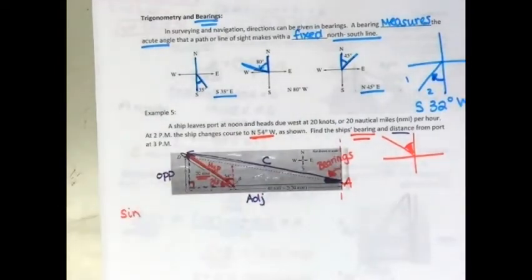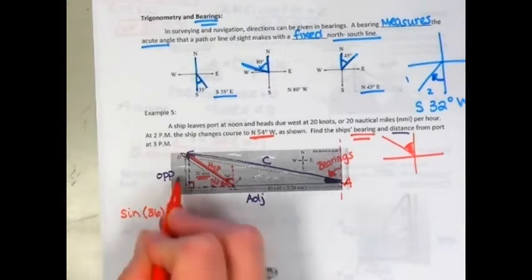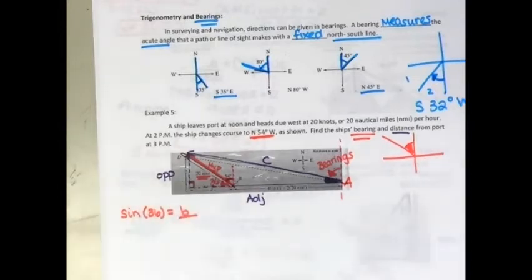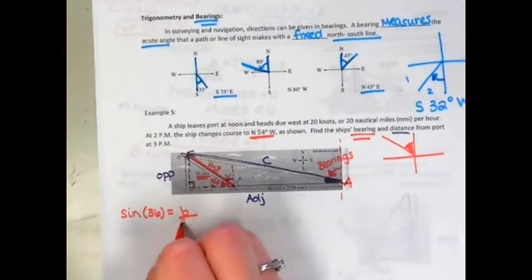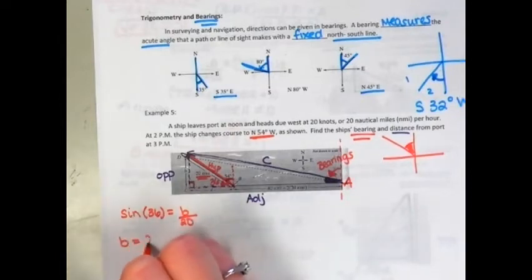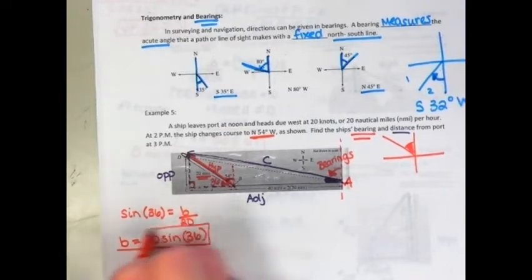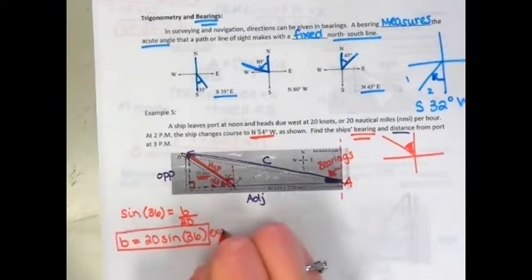Sine. So the sine of my angle, what's my angle? 36 would equal my opposite, which is b, over my hypotenuse, which is 20. So solve. Isn't b equal to 20 times the sine of 36? And that's my exact answer, right?